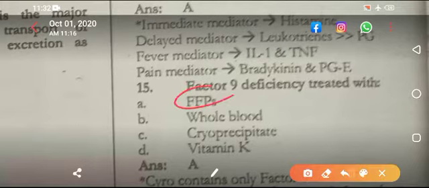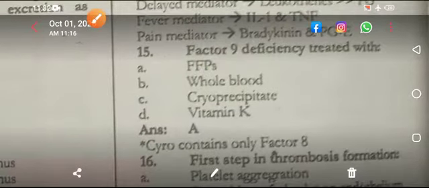Factor 9 deficiency is treated with FFPs. But FFPs do not have factor 8. So if there is a factor 8 deficiency, the ideal way is to replace with factor 8. But if that is not in the options, then choose cryoprecipitate, because that has factor 8 and fibrinogen.